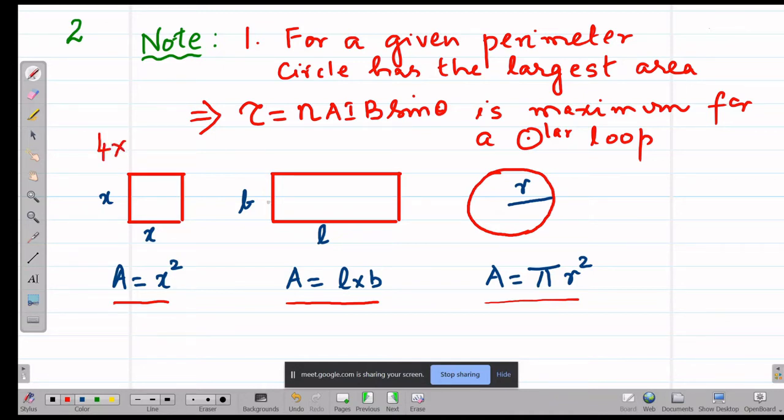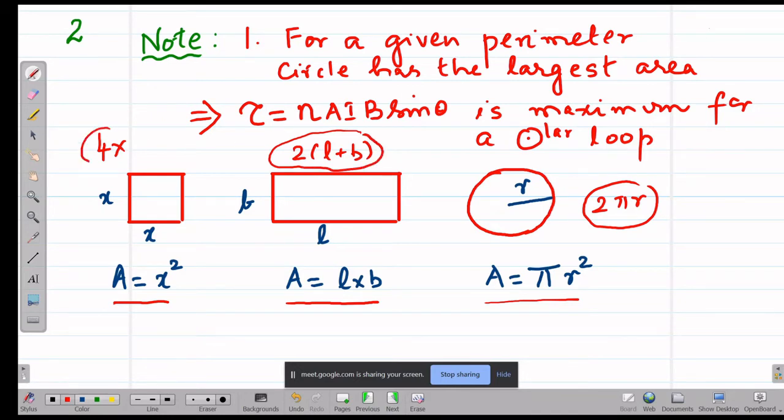The perimeter of a rectangle of length L and breadth B would be 2 times (L plus B). And the perimeter of a circle of radius r is 2 pi r. Now if you have coils of the same perimeter, then one can show mathematically that the area would be maximum for a circle.